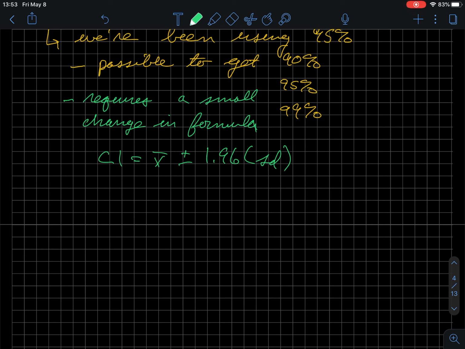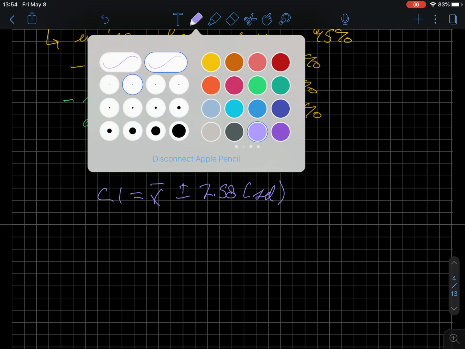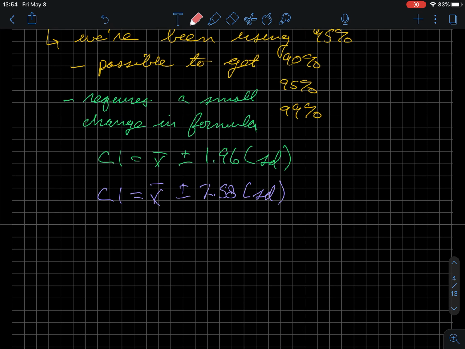All that we would do is make a small change, and say the confidence interval is x bar plus or minus 2.58 times the standard deviation. The only thing that's changed, with the same formula and setup, are these two numbers right here. These are z-scores that we use to assess confidence.